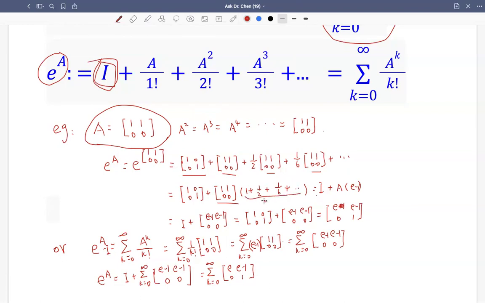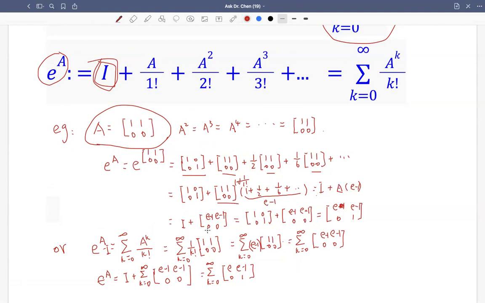So this is e minus 1, because this one is 1 divided by 1 factorial, but in the definition of e, we have 1 plus this. So that's why it's e minus 1. And the matrix 1, 1, 0, 0 is just A. So now we can multiply e minus 1 by the matrix 1, 1, 0, 0.